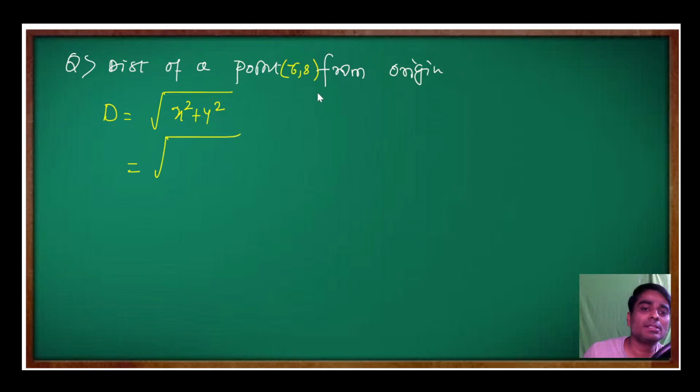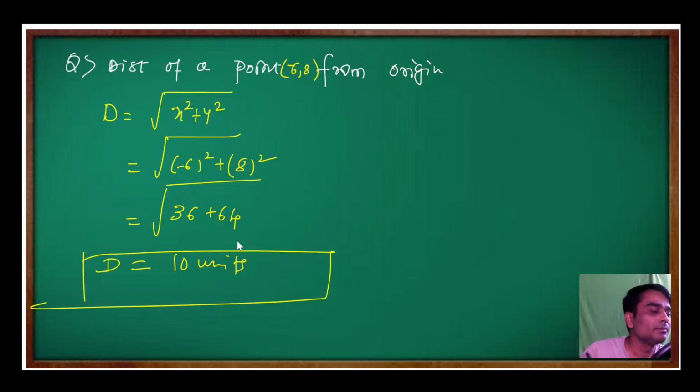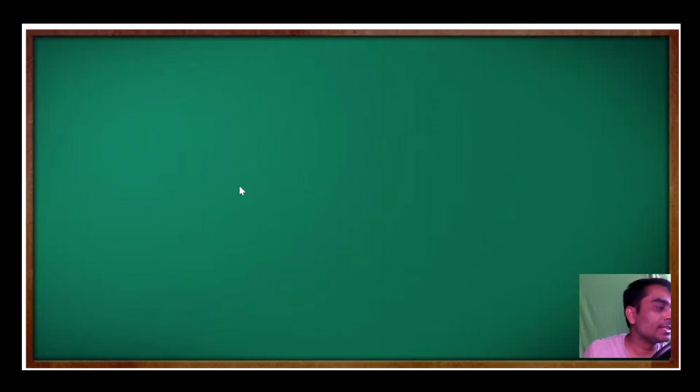Then simply write here minus 6 square, then this is 8 square, which will be 36 plus 64, 100, and this is 10. 10 units. Okay, next. Yes, 10 is correct answer.